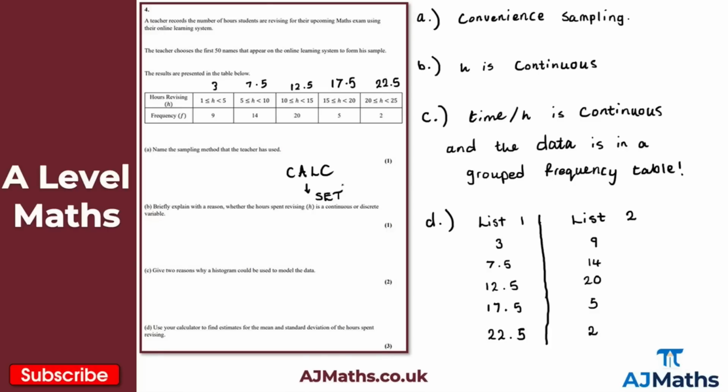And what you need to do here now is change the 1 var frequency to be list 2. Okay. If you don't do this, you're going to get the incorrect estimate here for the mean and standard deviation. Okay. So in that case then, you just press enter now, click 1 var, and this will give you the estimates that we need here.